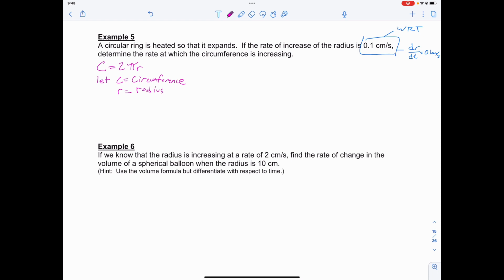And we also know that we're doing this with respect to time. We can state what the restrictions are. C and r both have to be greater than 0, otherwise the circle wouldn't exist, and time has to be greater than or equal to 0. And as we already stated, we know that dr over dt is 0.1 centimeters per second.